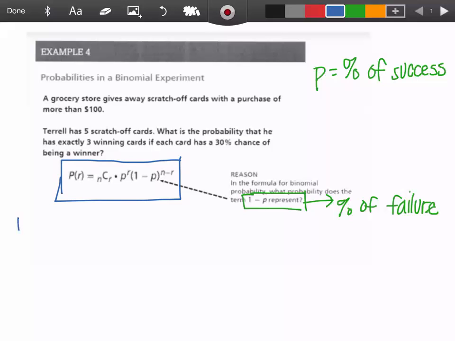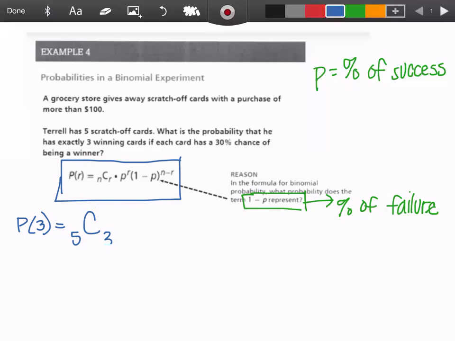So we have the probability of 3 is equal to, we have a total of 5 cards, and we're going to combine those in any given way. We're not going to use permutation because order doesn't matter here. We just want any of those 3 cards to hopefully be winners.